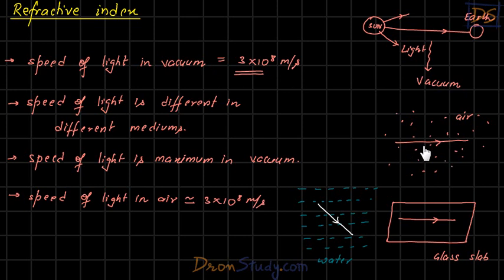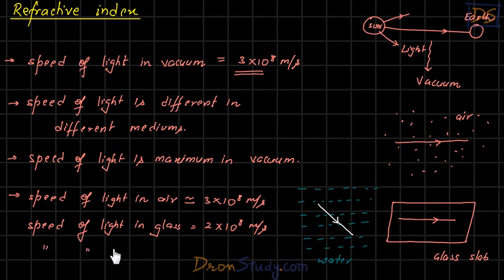When light travels in air, its speed is slightly less, but it is very slightly less. So generally we will say that the speed of light in air is 3 into 10 to the power 8 meter per second only. Then students, the speed of light in glass is generally 2 into 10 to the power 8 meter per second. So you can see this is less. When light travels in glass, its speed is 2 into 10 to the power 8 meter per second.